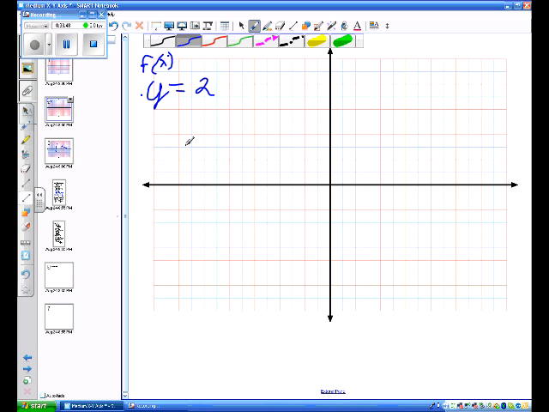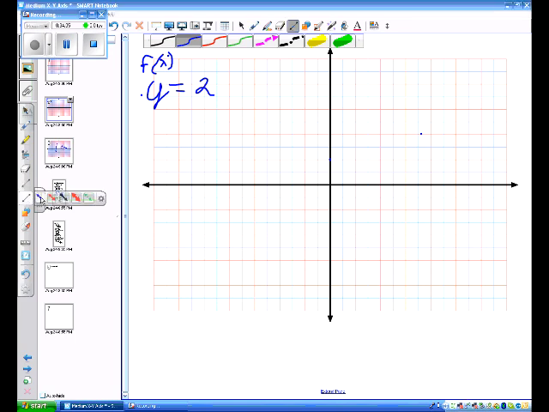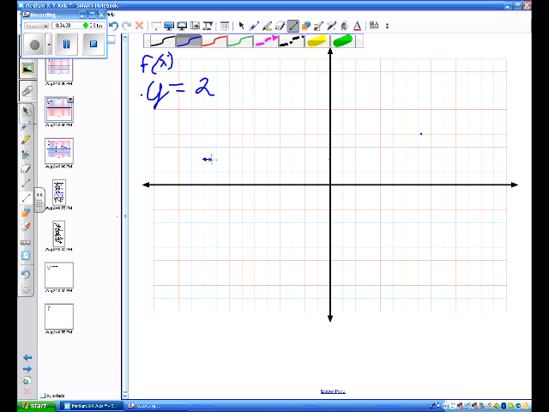It is your range. The y is your range. So y equals 2 is a constant function. That means that our slope was 0, which we know then means we have a horizontal line. And we have a horizontal line through the place where y equals 2. So our line is going to be horizontal through the point where y equals 2.